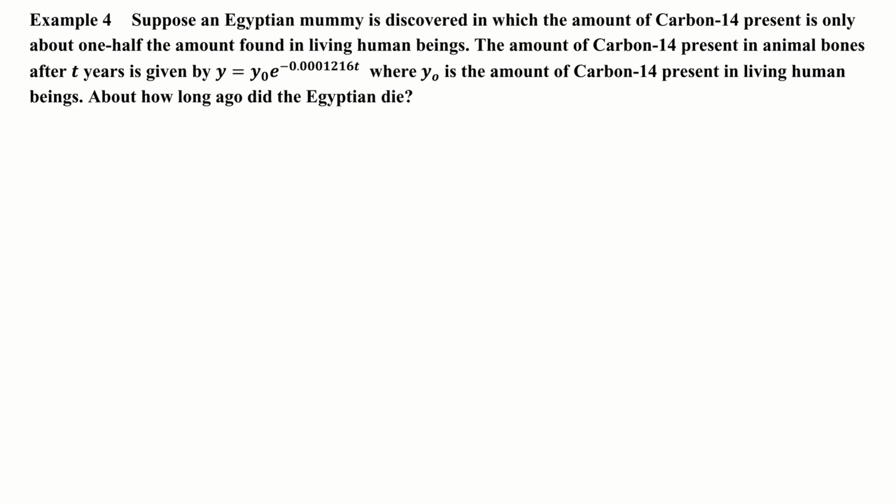Okay, so here we have an Egyptian mummy that has been discovered, and the amount of carbon-14 present in that mummy is about half the amount found in living human beings. The amount of carbon-14 present in animal bones after t years is given by y equals y0 e to the negative 0.0001216 t.